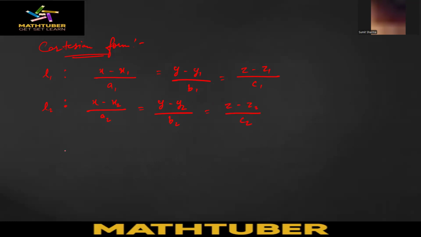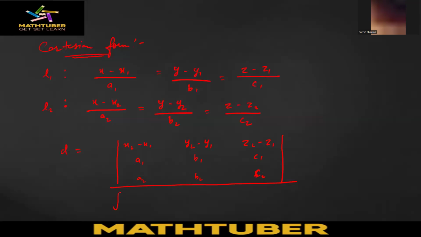In that case, the value of d will be given by the determinant of x2 minus x1, y2 minus y1, z2 minus z1; a1, b1, c1; and a2, b2, c2. This determinant we have to solve, and divide by the magnitude of b1 vector cross b2 vector.